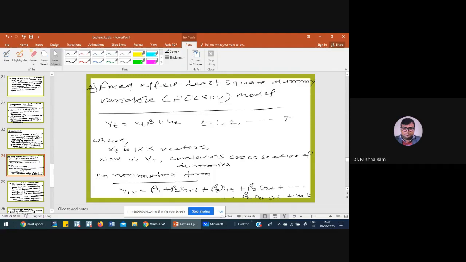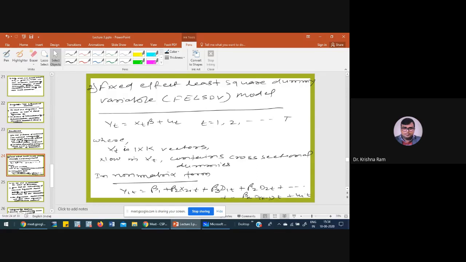If you do not have any doubt, let's move on to the second model, the fixed effect least square dummy variable model. I am using this name because Gujarati has used this name. Sometimes in some books we have only the least square dummy variable model, and even when we work with a cross-sectional data set and apply a dummy variable regression model, we may name it a least square dummy variable model.